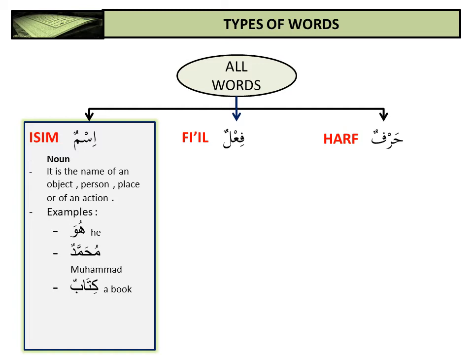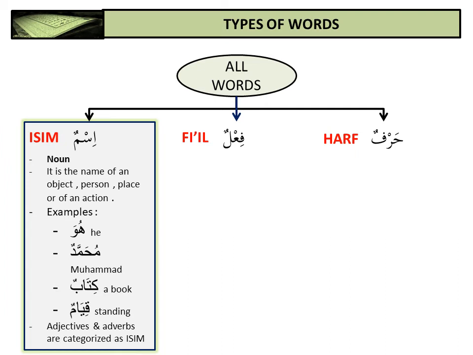Obviously, benda-benda seperti kitabun, a book, madrasatun, a school, itu pun isim. Isim termasuk an action seperti qiyamun, standing, as in qiyamul lail, which literally means standing or staying up at night.